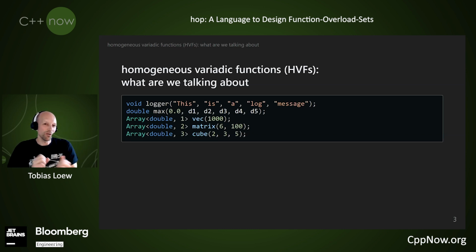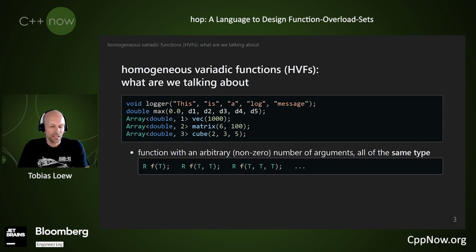Or we also may have some constructors for some array class or class template, where the dimension is noted in the template parameter, but we still have to generate all those constructors for 1, for 2, and for 3 dimensions.